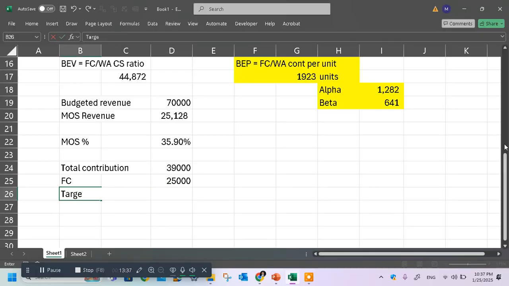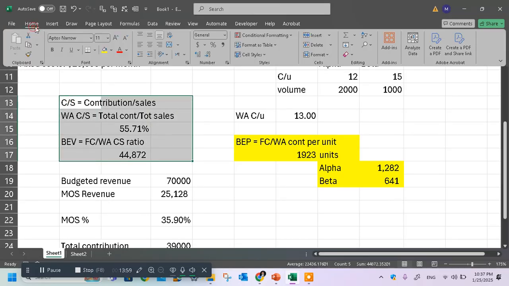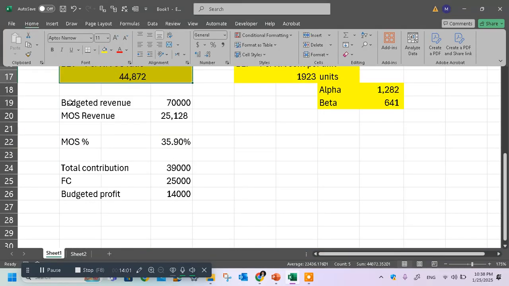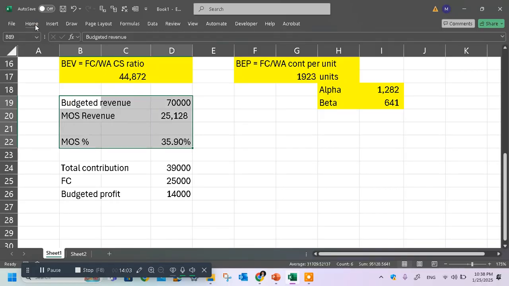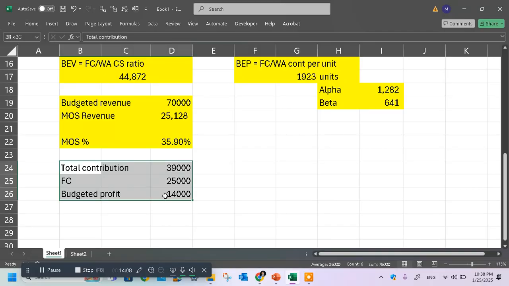Subtract it, you get the budgeted profit. Based on the budgeted units, you find the total contribution. Then you subtract the fixed cost, you get budgeted profit. Let me highlight each working separately. This is break-even value working. This is margin of safety percentage working. Then this one is about finding budgeted profit.